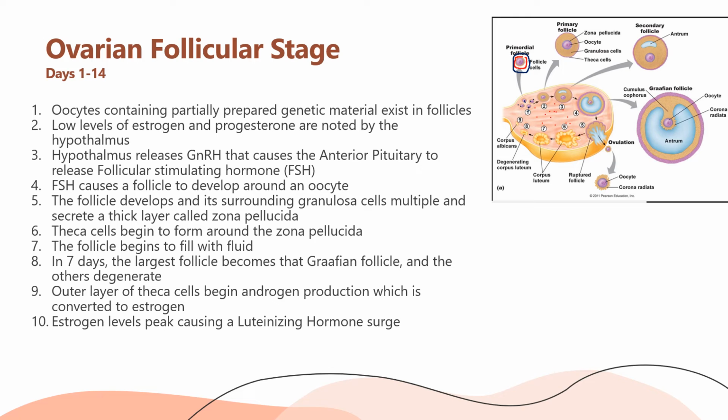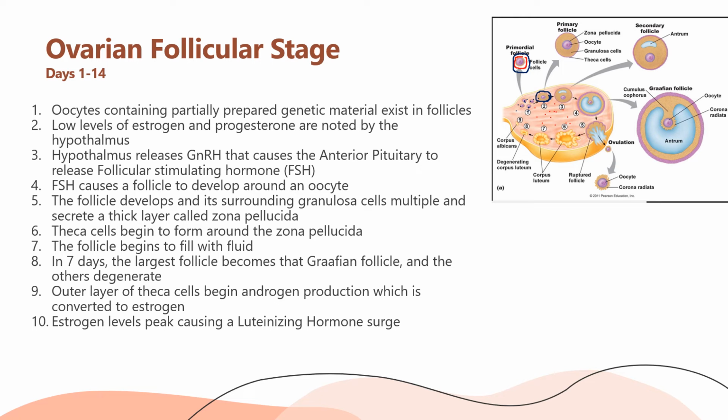But after about day 7, one follicle is considered the dominant or the Graafian follicle, and these others will start to degenerate. However, that dominant or Graafian follicle will start to produce higher levels of estrogen, and so this is when you're going to see those estrogen levels really begin to climb.